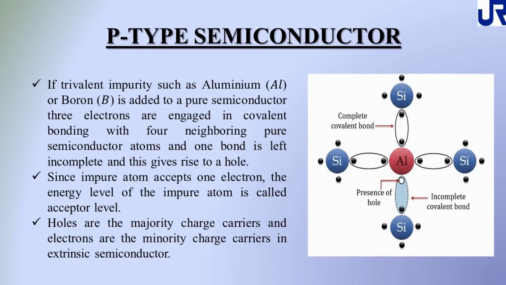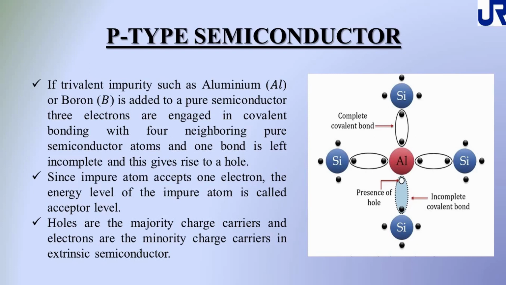The silicon's next electron does not have an electron to create a covalent bond with aluminium. So what will happen? A hole is created.